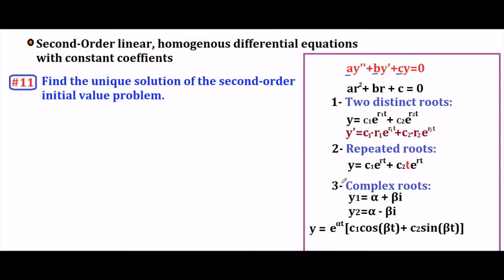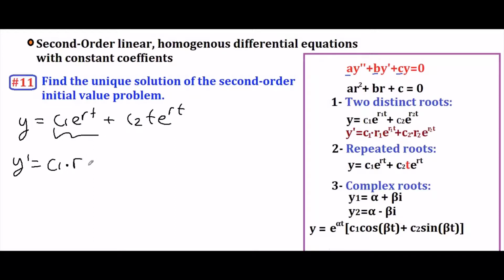Now let's take the derivative of the repeated roots. So our equation is y equals c1 e to the rt plus c2 t e to the rt. So y prime is equal to, the derivative of this is c1 times r e to the rt plus, for the derivative of this, we use the product rule.